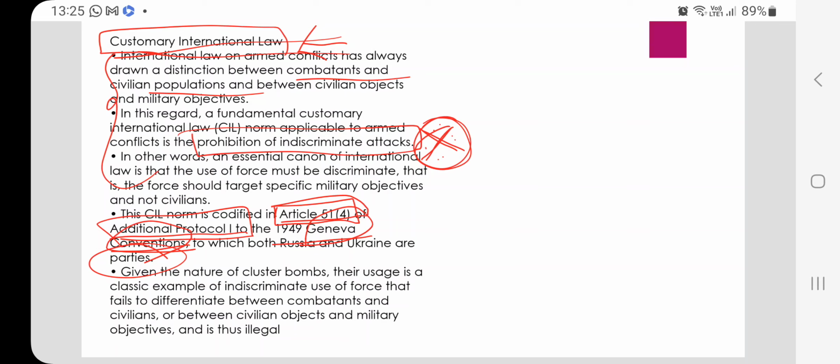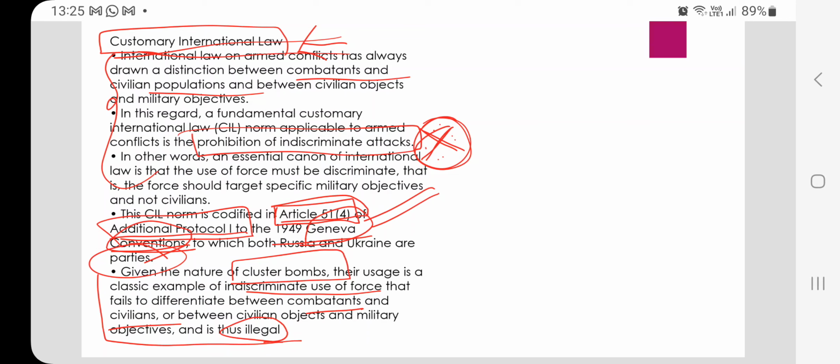According to this writer, if any country is violating Article 51 Clause 4, it is illegal to use cluster bombs indiscriminately between the combatants and the civilians, irrespective of whether the countries signed or ratified the convention or not. So the arguments of Russia, Ukraine, and the US are not valid.